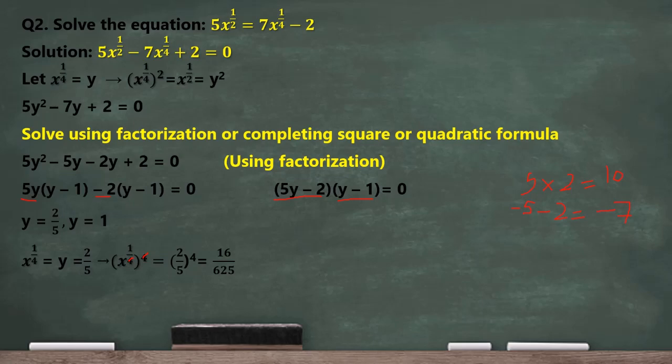Now again, x raised to the power 1 upon 4 equal to y we have supposed in first step, and it is equal to another value we get, which is equal to 1. And if we take power 4 on both sides, so we will get x equal to 1, and our solution set is 16 upon 625 comma 1.